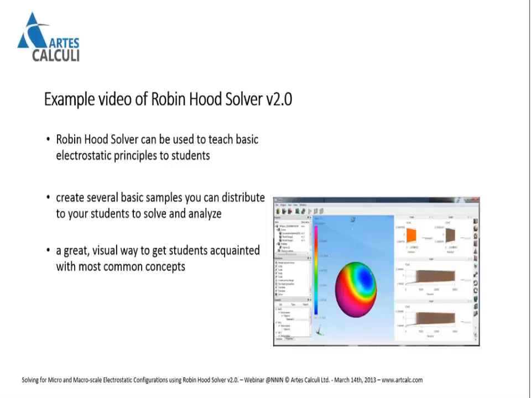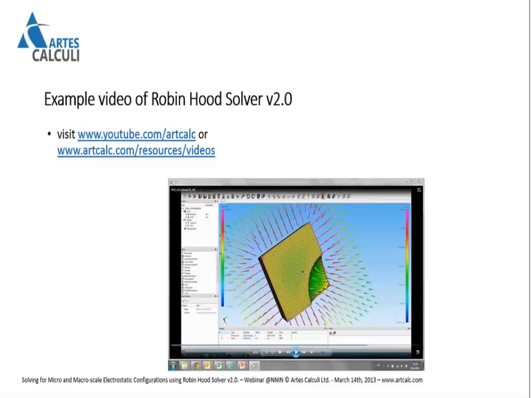There is an example video of Robin Hood solver 2.0 you can see on our YouTube channel. Here's the website address. I will not show the video here, unfortunately, because the internet connection is a bit slow, and in our test yesterday the video did not play smoothly.